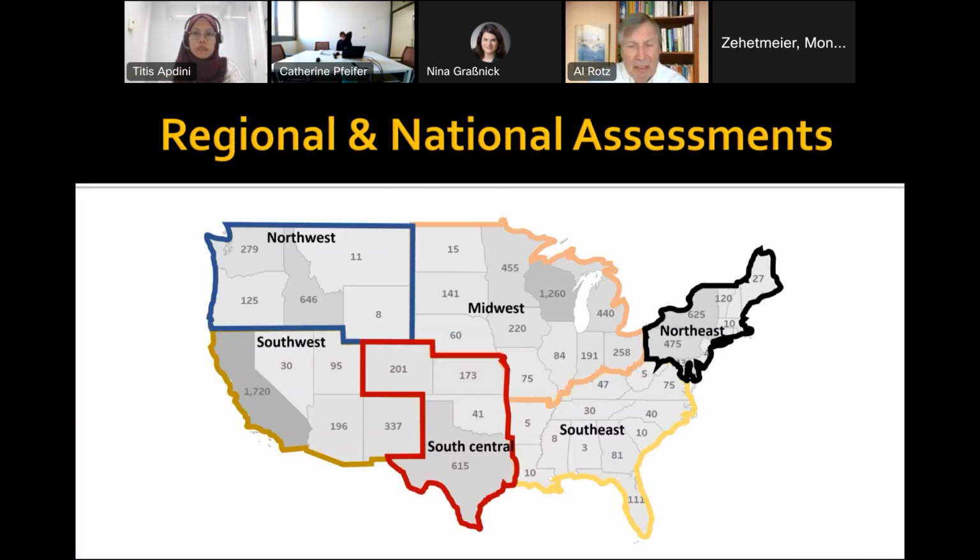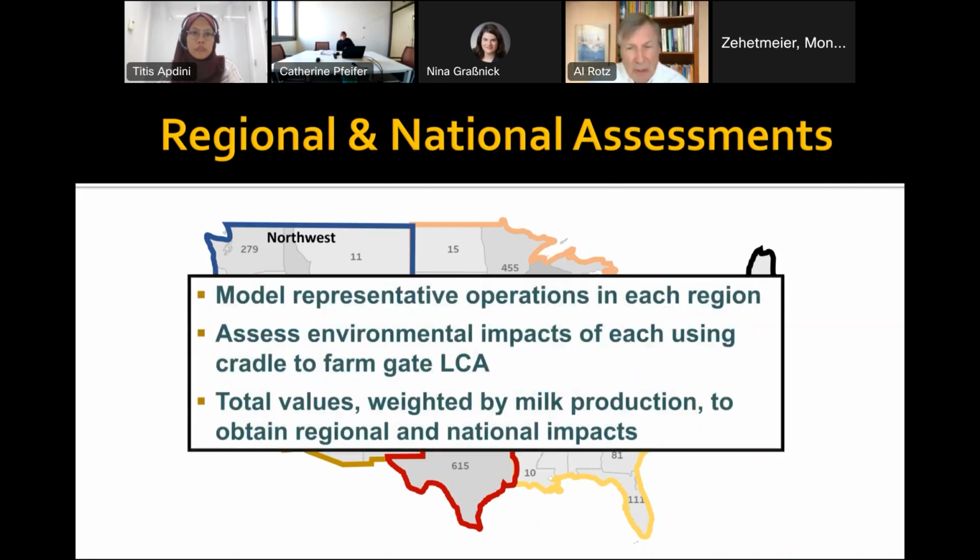So what we've done is divide the United States into 6 different regions. Each of these has somewhat different climates and different production strategies. So we went into each of those regions, modeled representative operations throughout the region, and assessed the environmental impacts of each of those using the Cradle to Farm Gate LCA in IFSM.